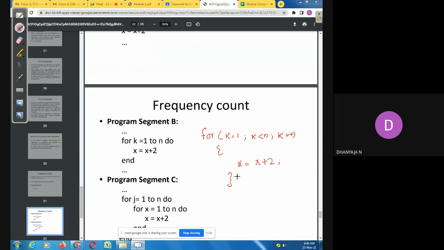Now tell me how many times each statement will be executed here.